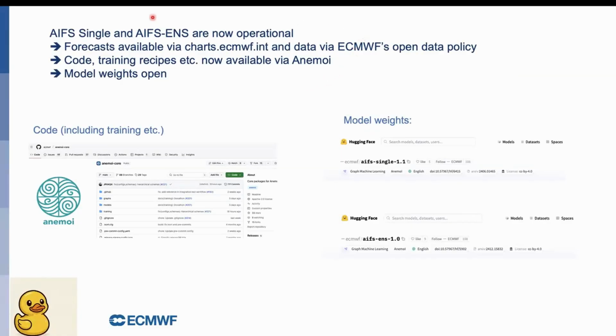AIFS Single and the AIFS ensemble are now operational. All the model code is open source, so you can go to GitHub and look at the source code. The model weights have also been published, still version 1, but now the version 2 model weights are also available.